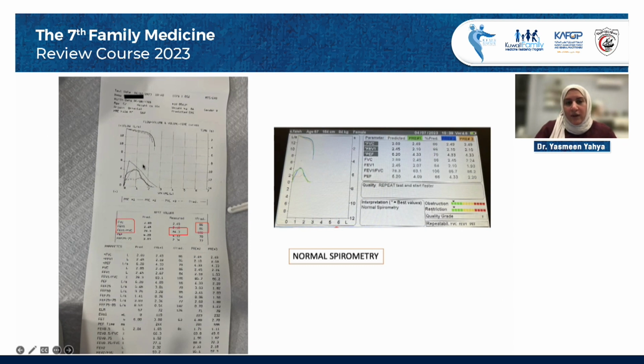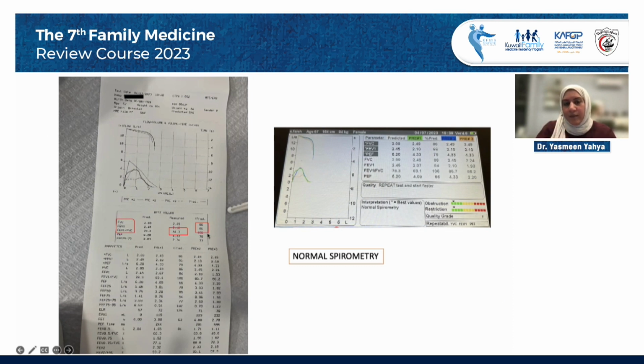The main two graphs are the volume time, but the axes here are different, the X and Y axis, so you can see it a little bit curved opposite to the pictures that I showed you. And this is the flow volume loop. You don't really need to concentrate on the graphs as much as the numbers.